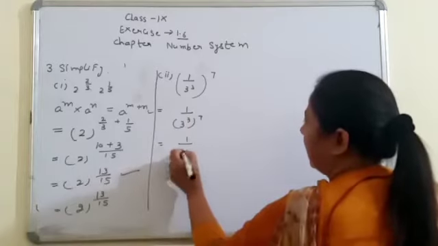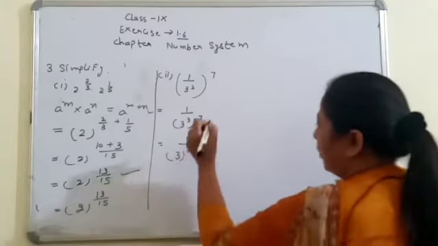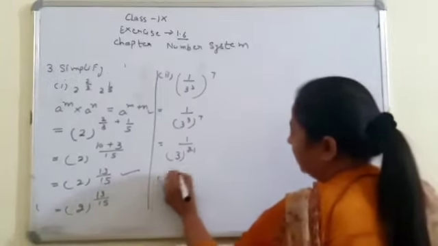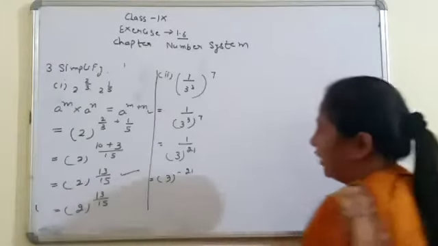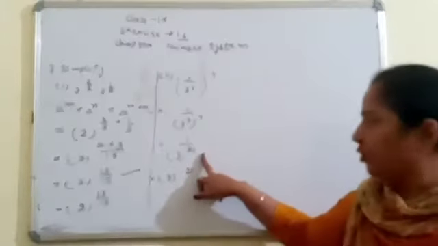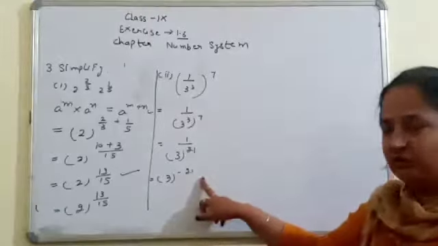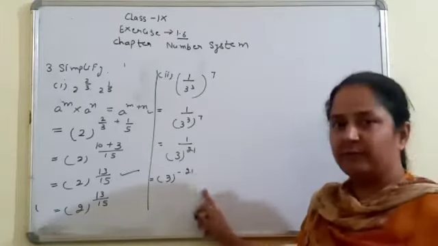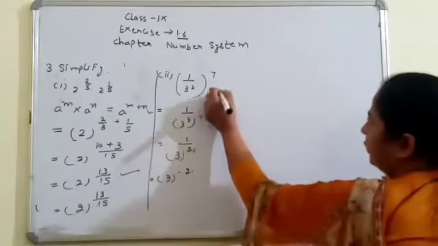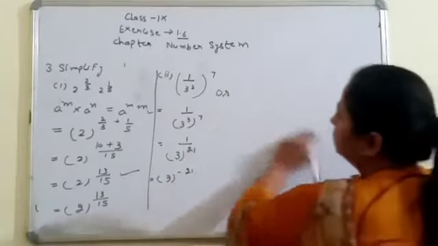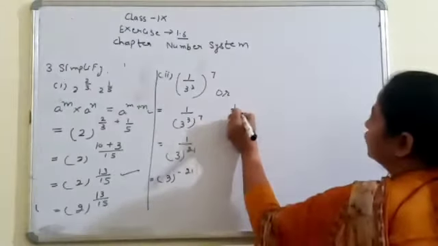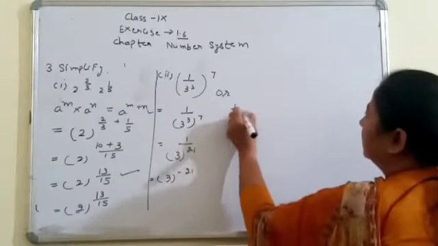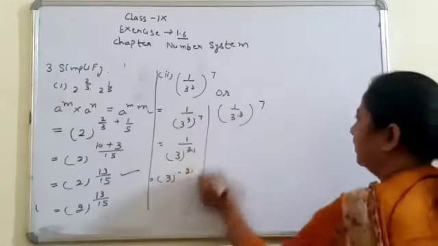We can write it as 3 into 21, or by taking the inverse, by taking the reciprocal of 3, we can write it in the inverse form, that is 3 raised to power minus 21.